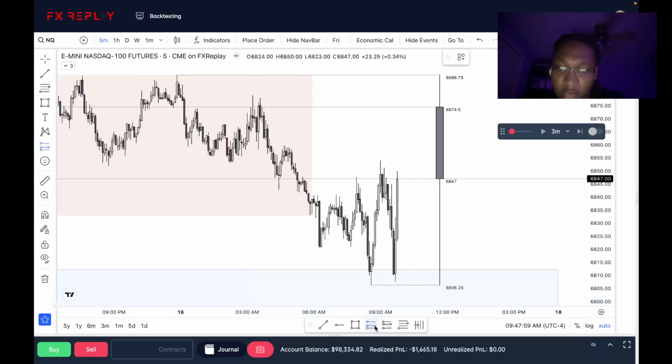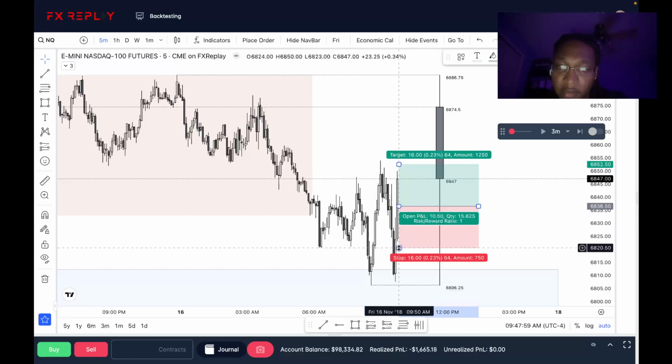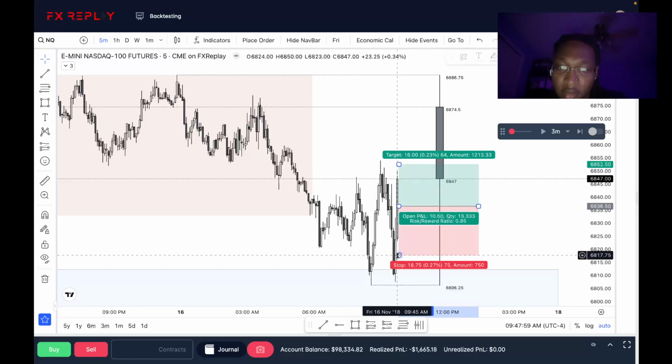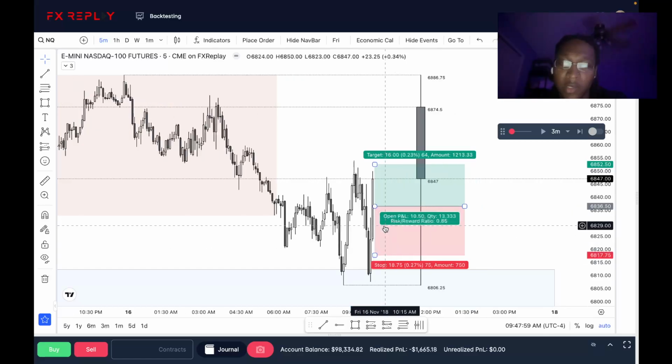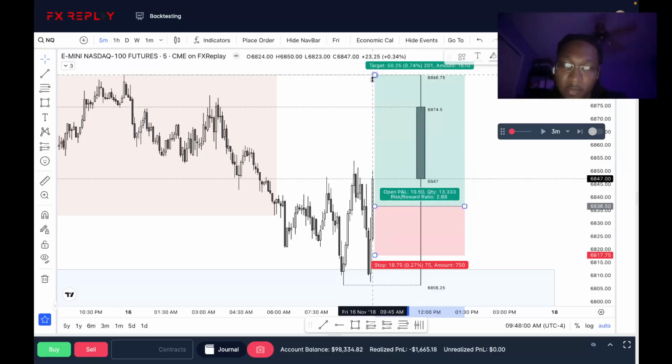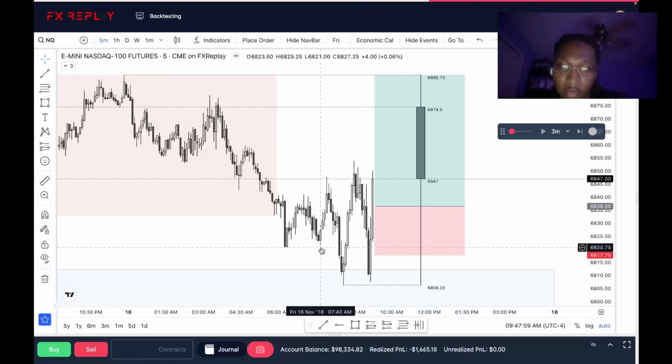So I'd want to take this buy right now, especially with it being after. And we failed. So this is why I'm taking this, and I'm targeting these highs up here. Ran out sell side liquidity here, created a short term high, dropped down to a short term low.